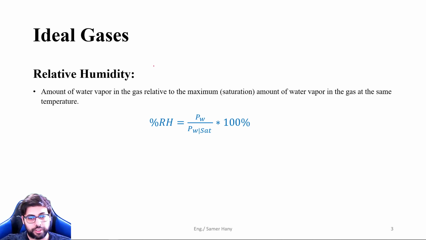But if the gas could contain up to, let's say, 30 millimeter mercury of water vapor, and we only have 15 actually present in that gas, then the relative humidity for that gas is 50%. So it's just a scale to tell us how much the air or the gas is saturated with water vapor.